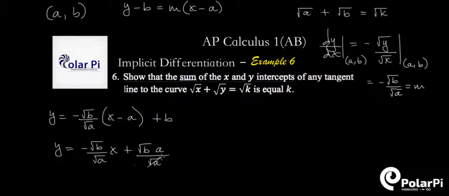But this root a and this a in the numerator can cancel, so that we just have a root a in the numerator. So we could just write root b times root a, but that's just root ab. So root ab, and then of course we still have plus b. Okay, cool. So there it is, that's the equation of our tangent line.